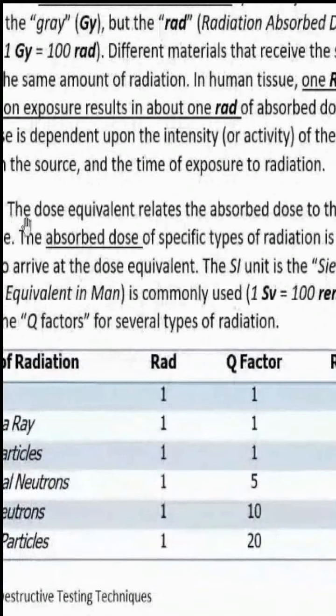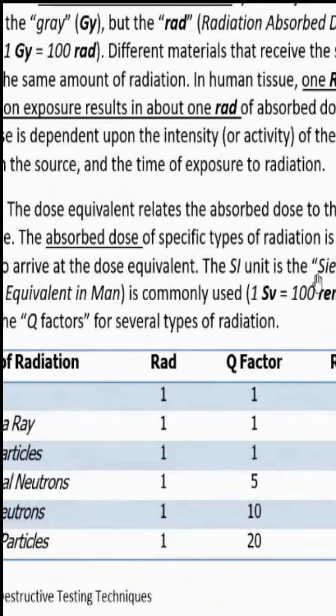Dose equivalent relates the absorbed dose to the biological effect of that dose. The absorbed dose of a specific type of radiation is multiplied by the quality factor to arrive at the dose equivalent.